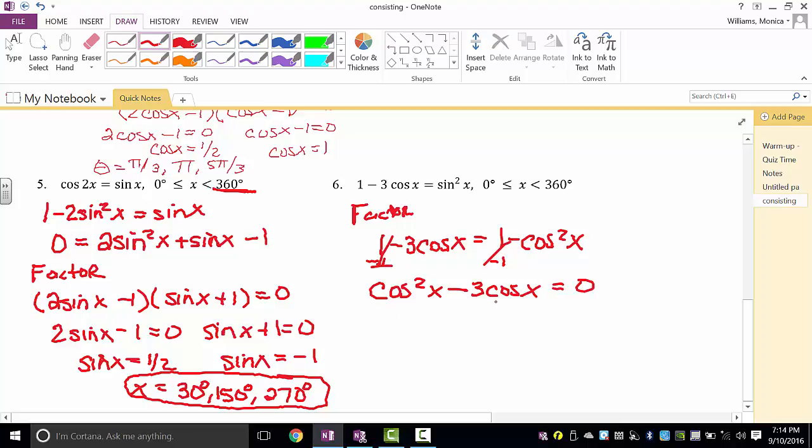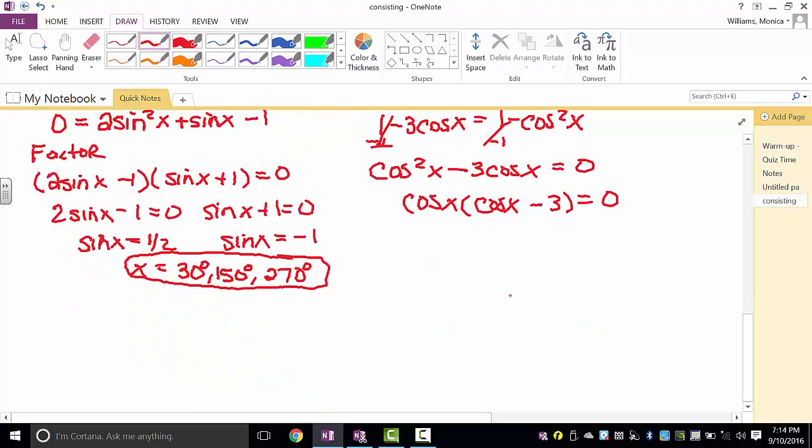So I don't have 3 terms here, but I do see that I can factor out a GCF. The GCF will be cosine x. Factor out my cosine x, I have cosine x minus 3 left. Set each factored term equal to 0 and solve for x. So I have cosine x equals 0 and cosine x equals positive 3.